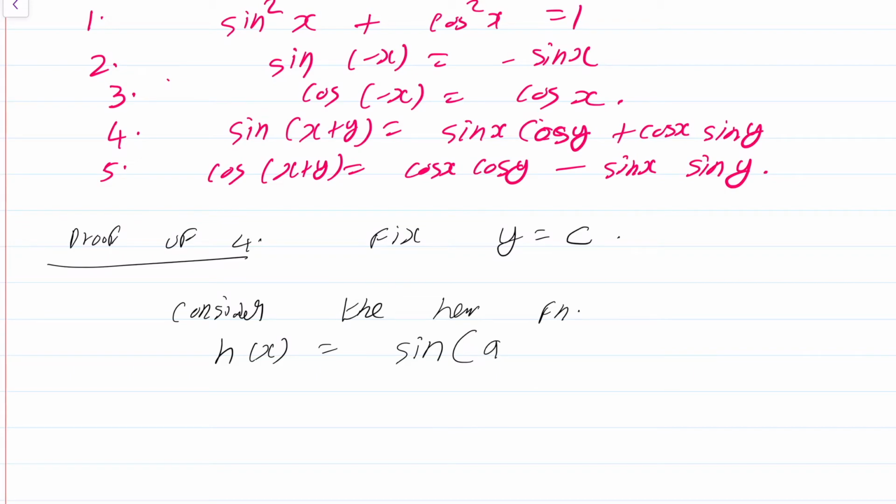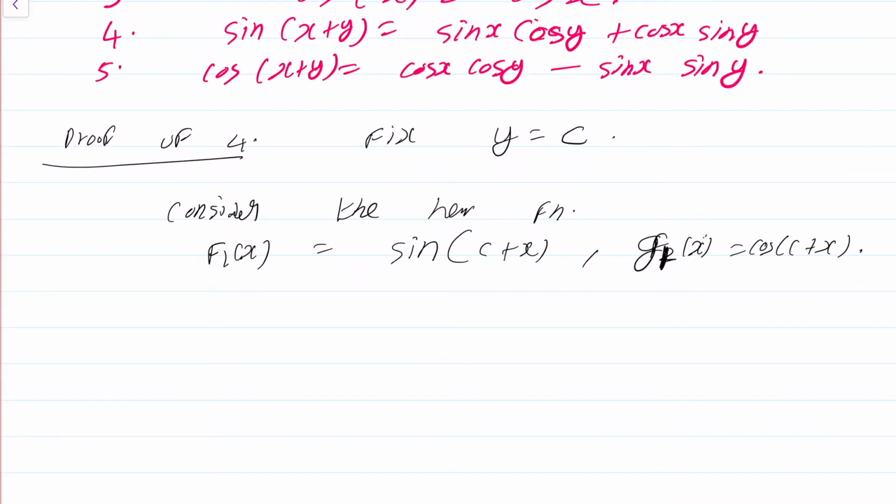Let me reuse notation: set f1 of x to be sine of c plus x and g1 of x to be cos of c plus x. Now observe that f1 prime is equal to g1 and g1 prime is equal to minus f1. This follows immediately from the chain rule.